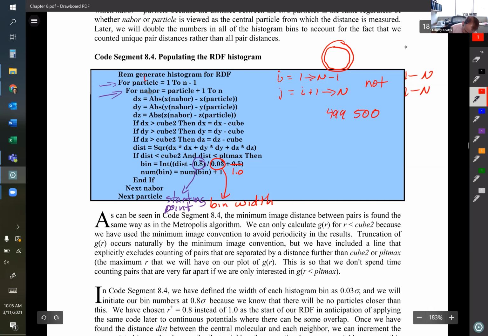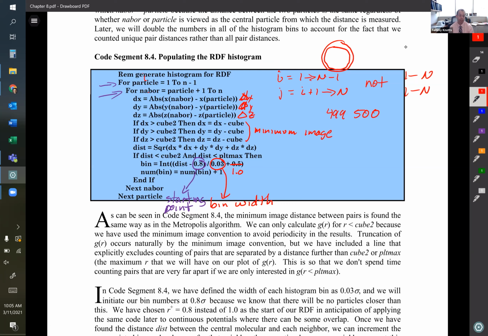But I go through, I calculate dx, dy, or delta x, delta y, delta z. I do minimum image. Remember what minimum image is because I'm doing a periodic image. If I ever calculate a distance that is greater than half the box length away, that means I have another particle in my image that's closer.